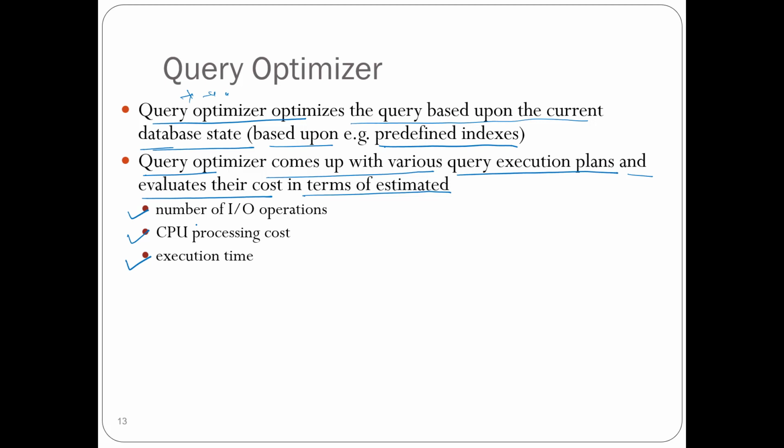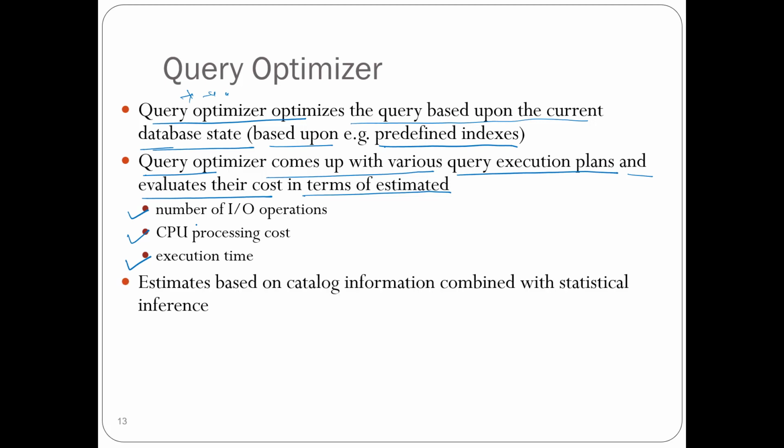Like Q1 will probably take N1 number of I/O operations, C1 CPU processing time, and T1 execution time. And Q2 will take N2 number of I/O operations, C2 processing cost, and T2 execution time. So for each query execution plan, the query optimizer will have some estimated cost, and on the basis of this estimated cost, it will decide which query execution plan to follow.